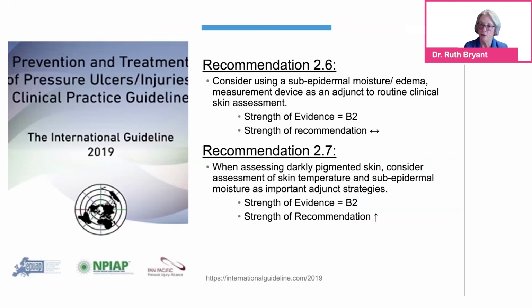Again, they consider using a subepidermal moisture edema measurement device as an adjunct to routine clinical assessment. And then the other recommendation was, when assessing darkly pigmented skin, consider assessment of skin temperature and subepidermal moisture as important adjunct strategies. Again, that word adjunct: it's not replacing risk assessment, it's not replacing skin assessments, it's an adjunct to those.